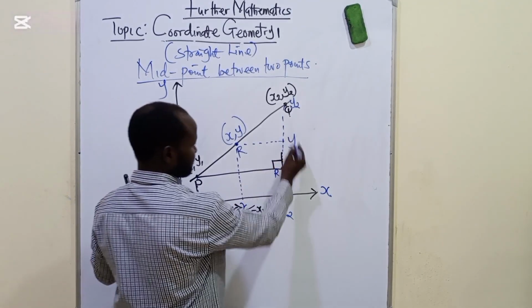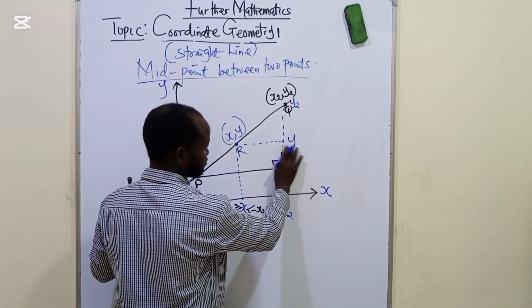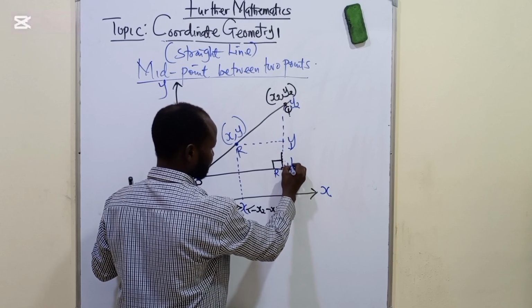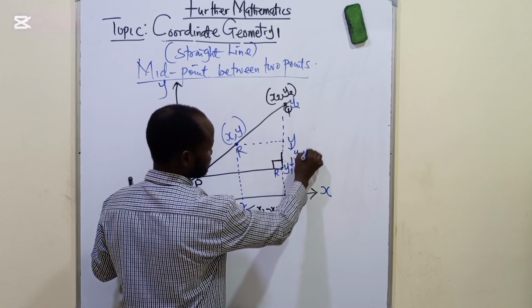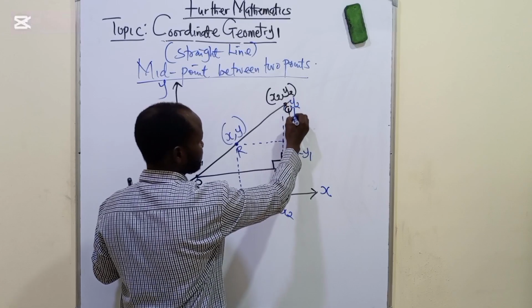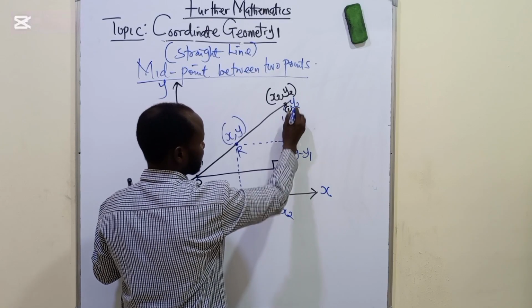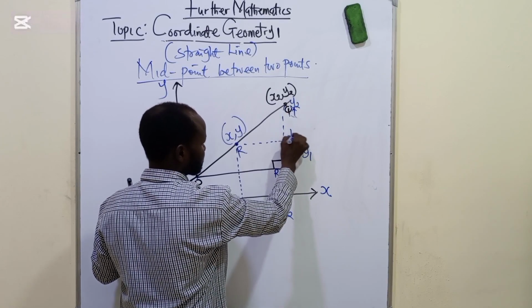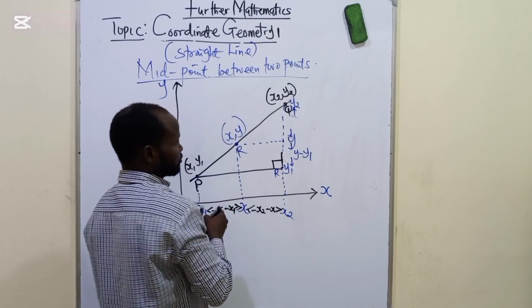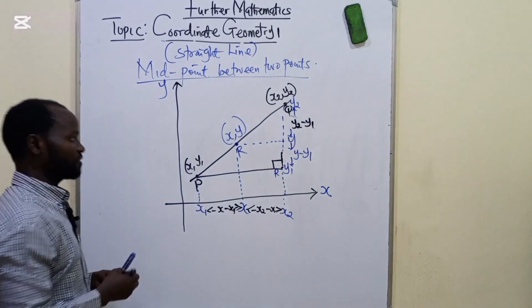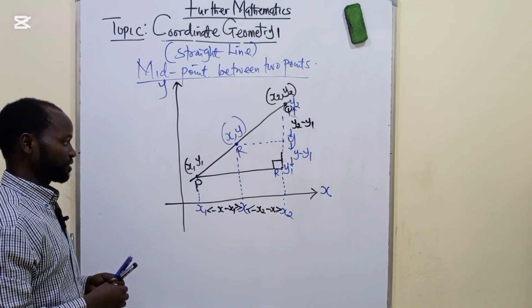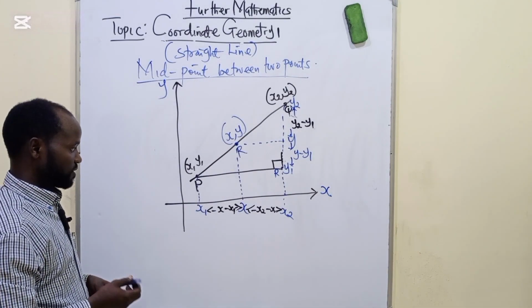The distance here between these 2 points, it will be y minus y1. Then this one here, it will be y2 minus y. Then with this knowledge, we can find the midpoint. Very important. Okay?